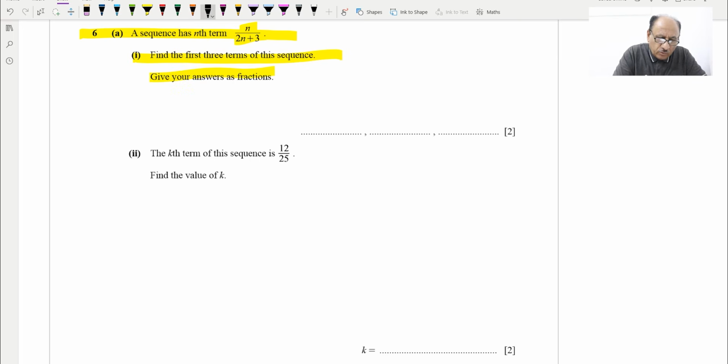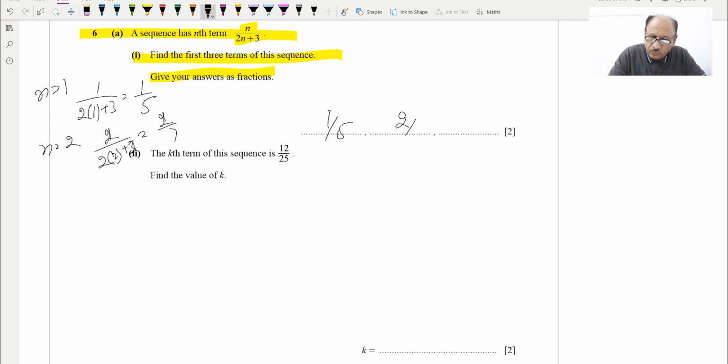So for n is equal to 1, it will be 1 over 2 into 1 plus 3, so this will be 1 over 5. So first number will be 1 by 5. For n is equal to 2, this will be 2 over 2 into 2 plus 3, which is equal to 2 over 4 plus 3, so it will be 2 by 7.